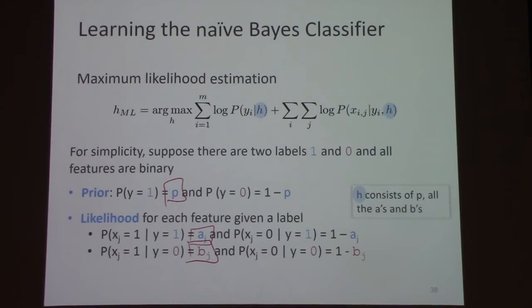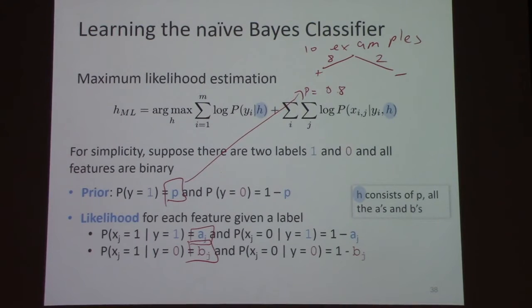So what's the learning algorithm? You have 10 examples: 8 times the label is positive and 2 times the label is negative. And what you just told me is that the value of P here is 0.8.